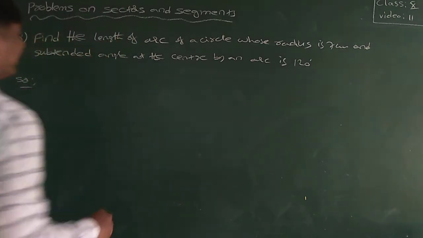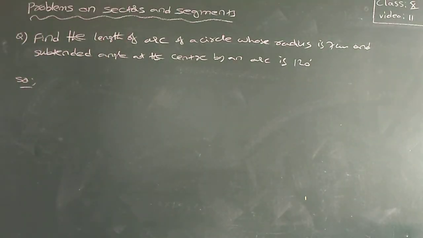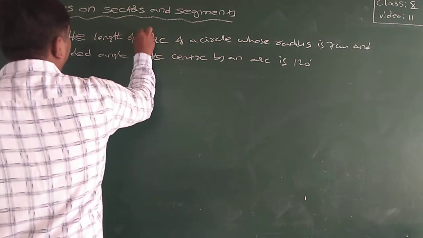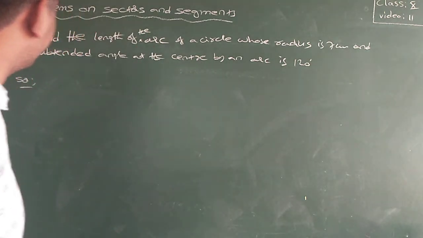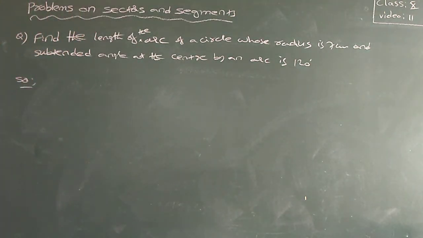Find the length of the arc of a circle whose radius is 7 centimeter and the subtended angle at the center by an arc is 120 degrees.